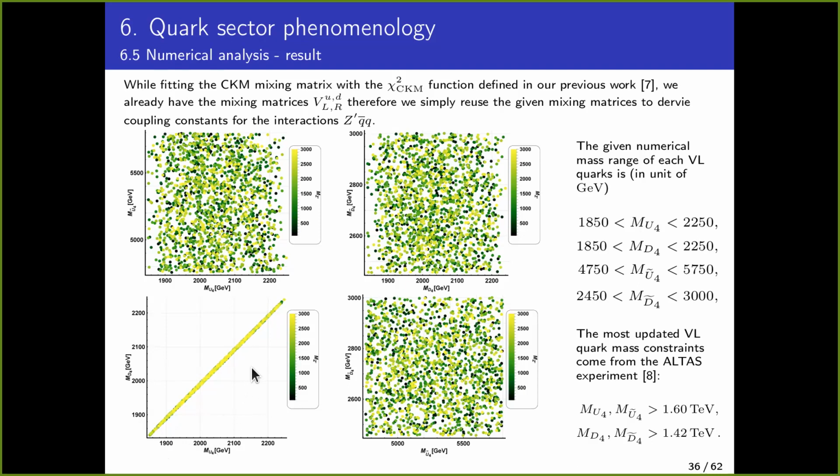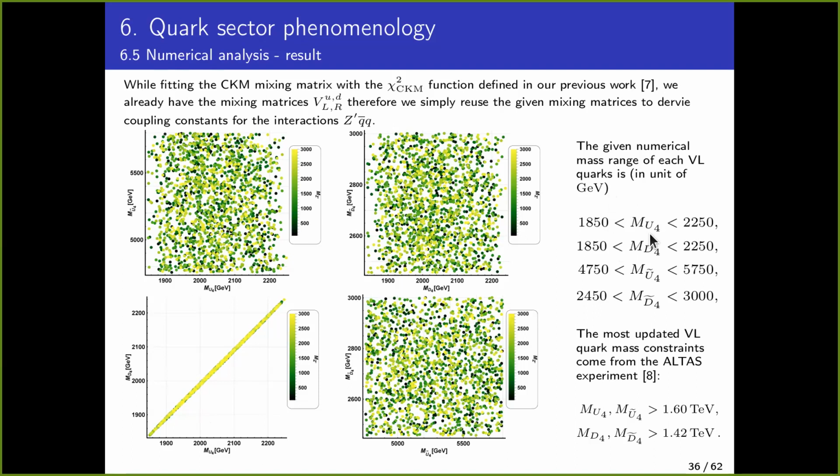Therefore, in this model, we can explain this degenerate up-type and down-type doublet vectorlike mass. This is a very pleasing result for the oblique parameters. And here the numerical mass range of each vectorlike quark is given.